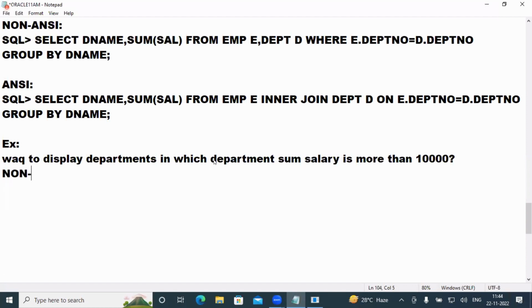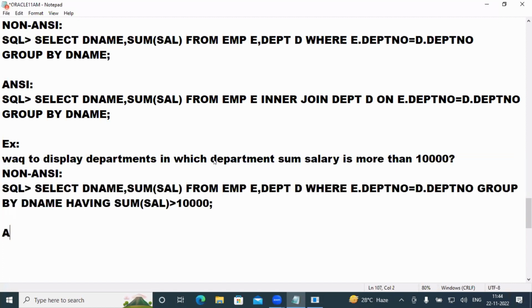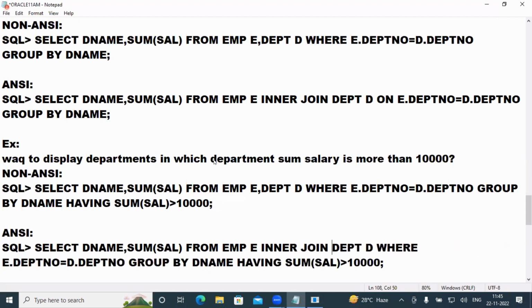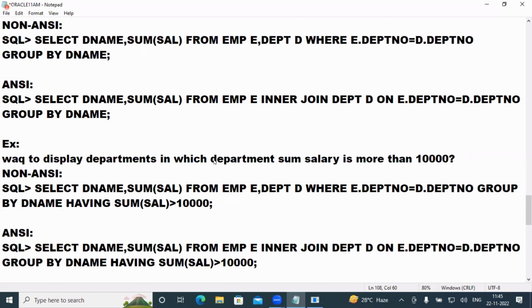Same as this is non-ANSI, same as this is ANSI. Okay, right. So like this, you can perform your equi-join.